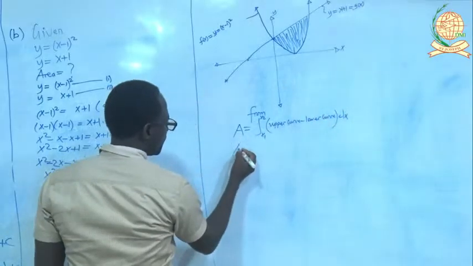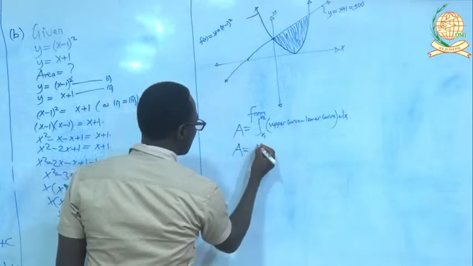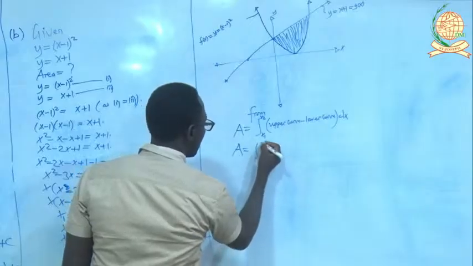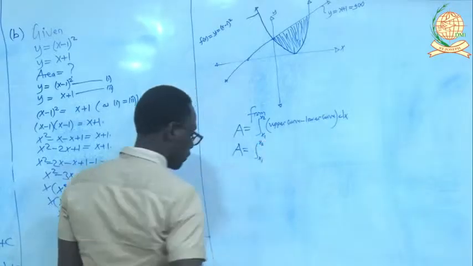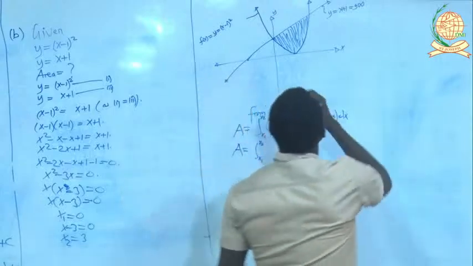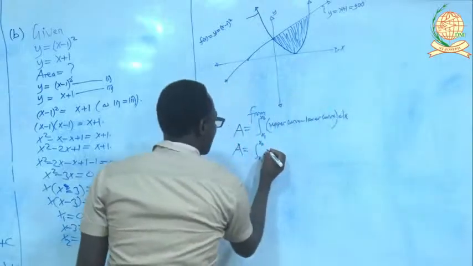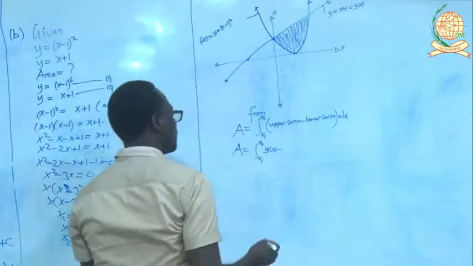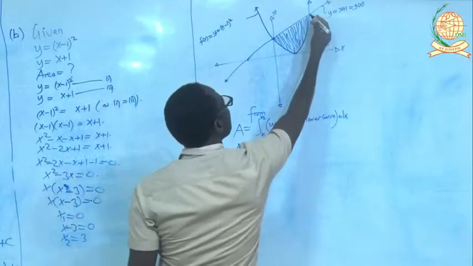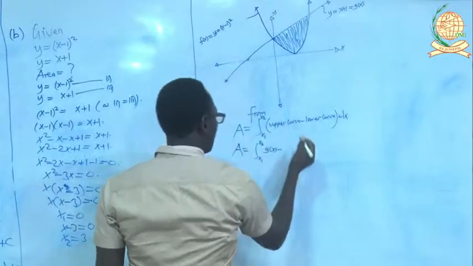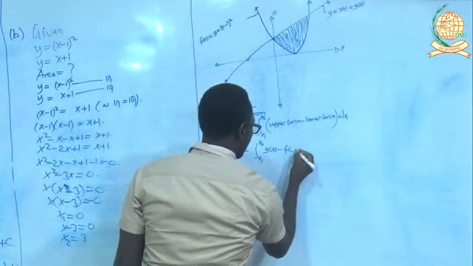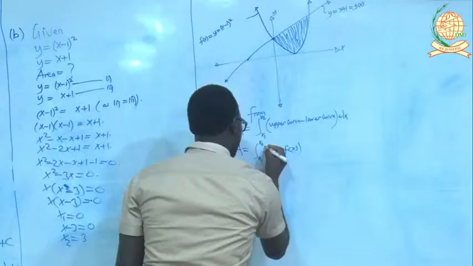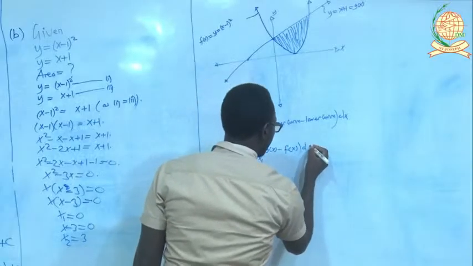So now the formula will be area equals the integral from x1 to x2. The upper curve, the line g of x, so it is g of x minus the lower curve, this one here, f of x, then dx.